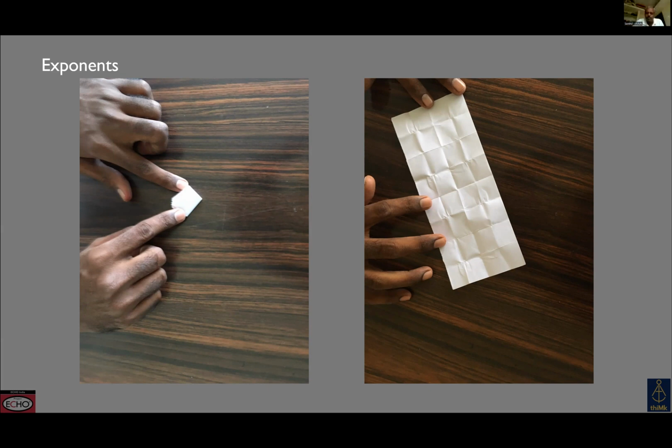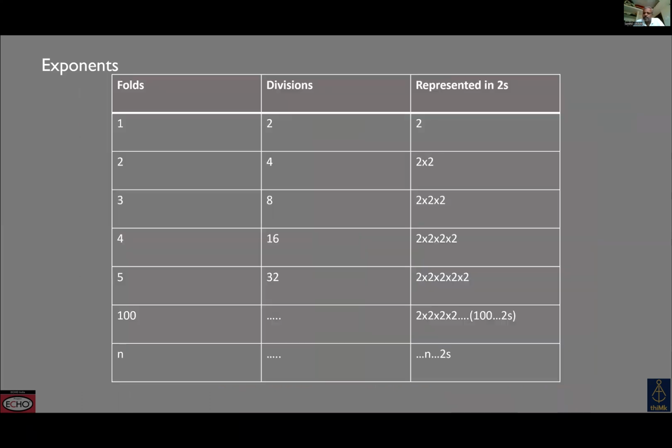As we list them down, you put a table, a tabular column, on the next slide. In that slide, we put a tabular column and say, what is the number of folds? And then what are the divisions we get? And how can it be represented in twos?